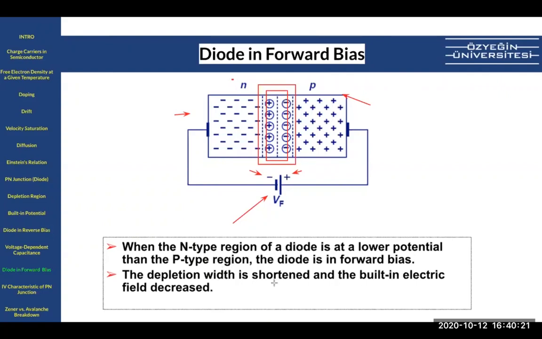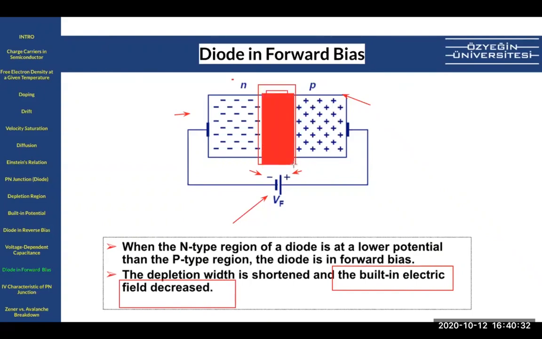So the depletion width is shortened, and the built-in electric field decreased because the junction is much smaller right now, right? So now instead of this, it became the smaller one. It became this, for instance. So the built-in electric field now decreases, and that means I have less force against the diffusion current. I cannot prevent the pluses flowing towards the minority side.